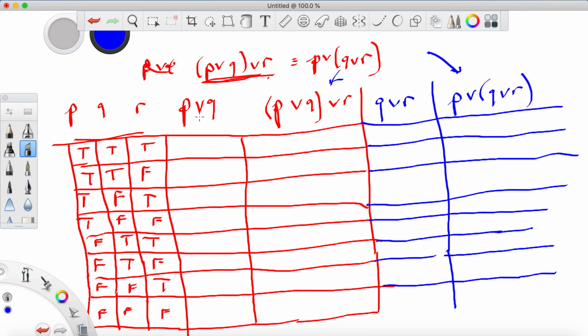P or Q is true as long as one of them is true. So let's look down here really quick. Everything is going to be true in this column except for right here in the next to last column.